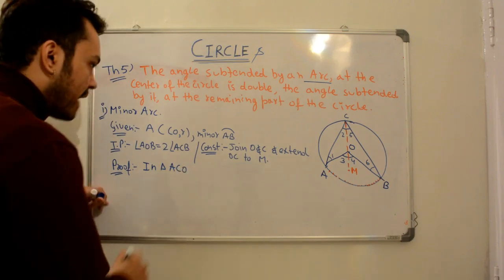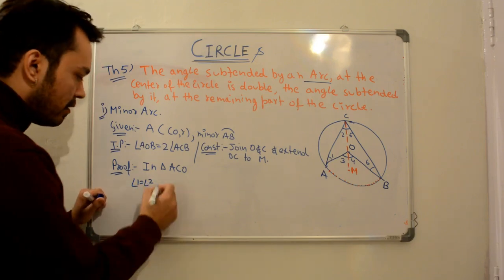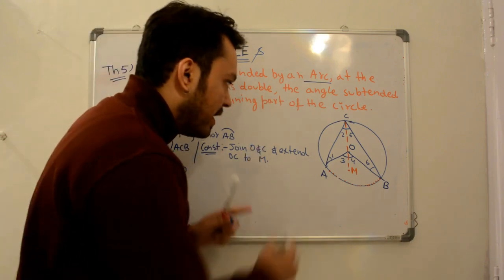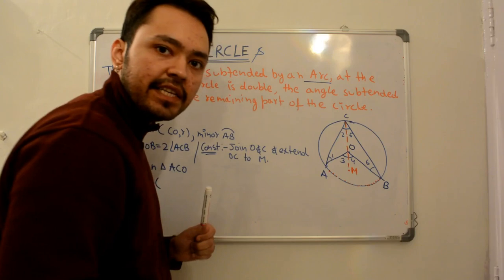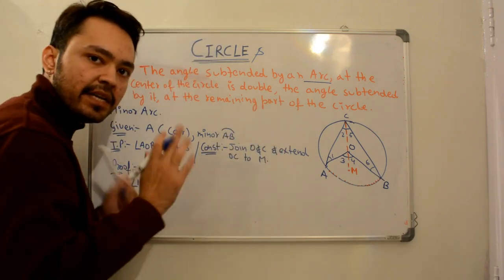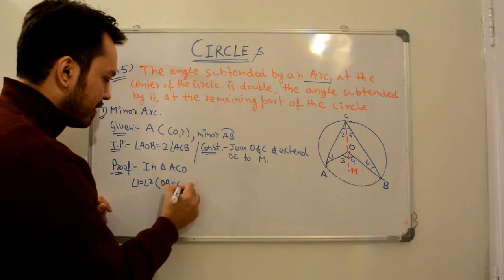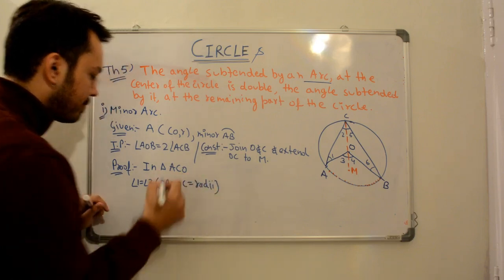So I write, in triangle ACO, what do I write? Angle 1 is equal to angle 2. Why? Because angles opposite to equal sides are equal. Here OA and OC are the radii of the circle, so angles opposite to both sides will be equal. Clear? I write because OA is equal to OC, being radii.